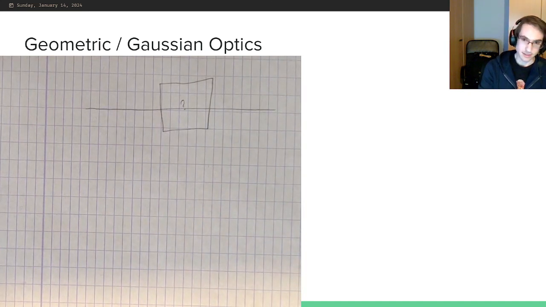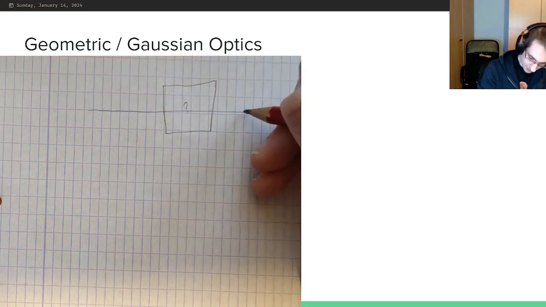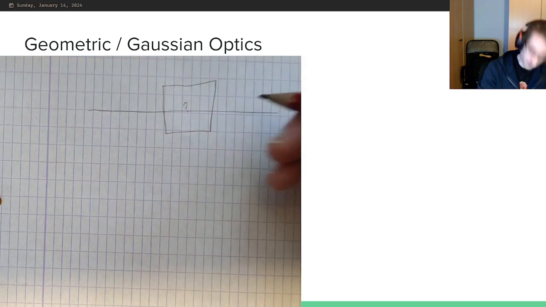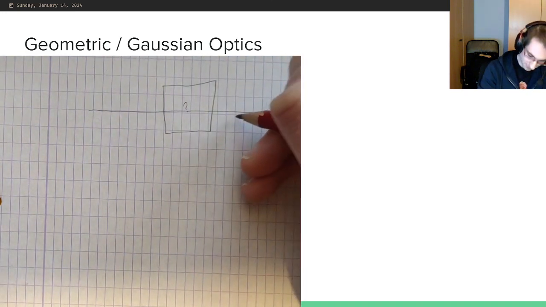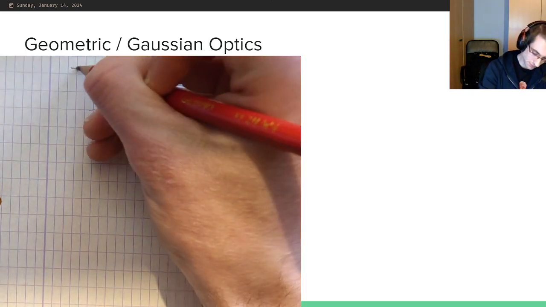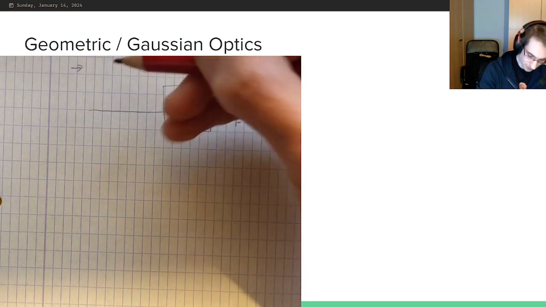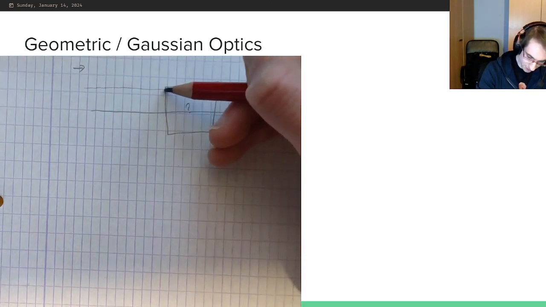The second property of the optical element, mirror, lens, whatever, is the focal point. This is usually labeled F. So let's say there's a focal point. It's on the optical axis somewhere. Let's just put it here. Label it F. This is the focal point. By definition, the focal point is the point where if I have a light beam incoming from this direction, and it comes in parallel to the optical axis, so like this, it's going to enter my black box.